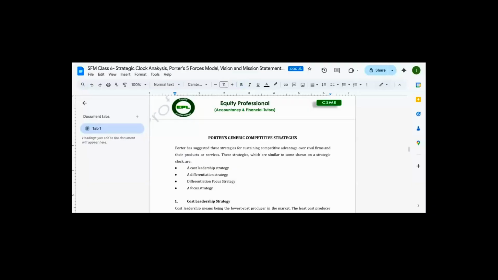The Porter generic competitive strategies are strategies that companies use to gain corporate survival, particularly in a very intense competitive industry where most companies are striving for survival. One of the strategies that you can use to survive is cost leadership strategy, differentiation strategy, differentiation focus strategy, or focus strategy.